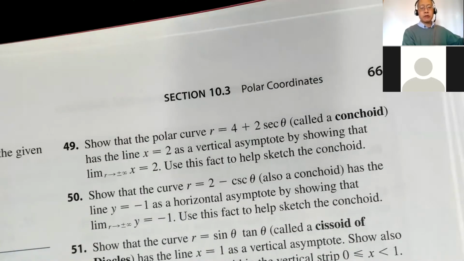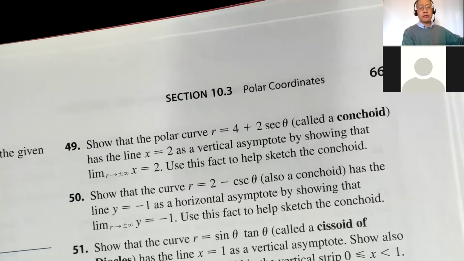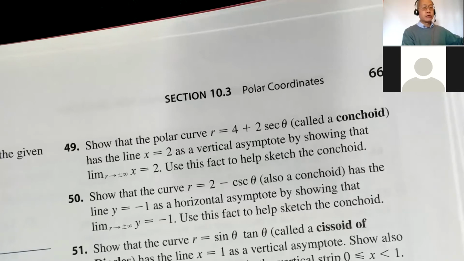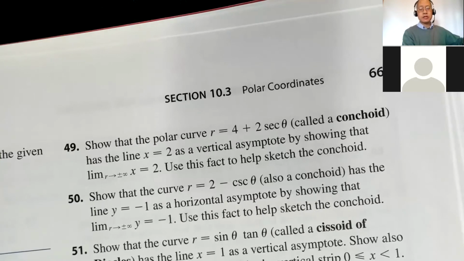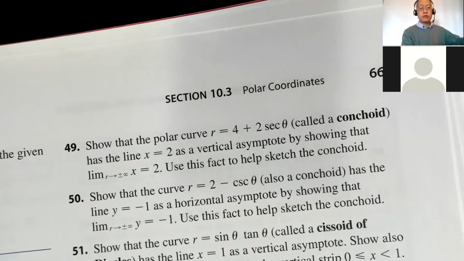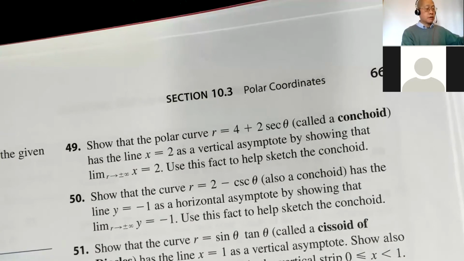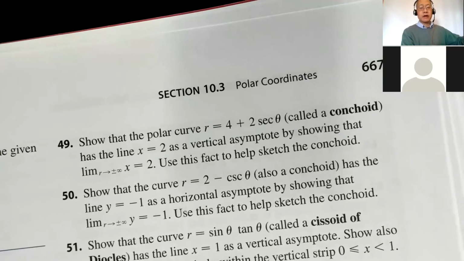Some of you may have done polar graphs before, some of you haven't, but there's one particular one that I want everybody to use so it can be uniform, and I'll be grading you in a uniform fashion. So please don't use your own polar graph paper. If you have experience with polar graphs, great, but you have to use the graph paper that I give you. But that won't be until 10.3, which is next week or the week after we take the test.